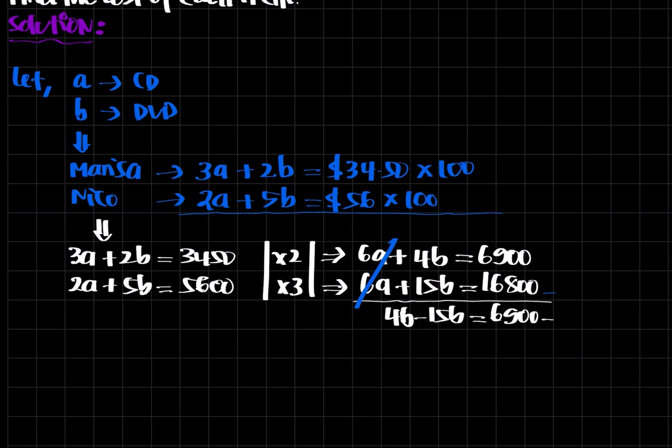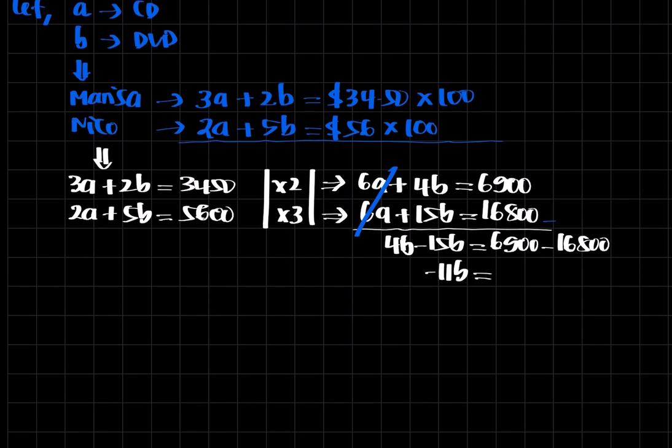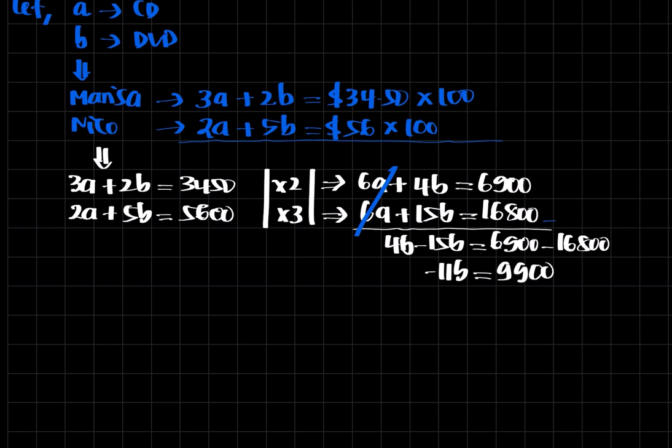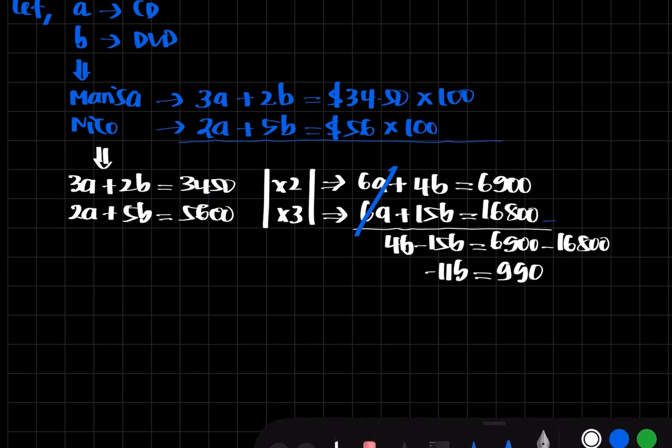So that's negative 11B equals negative 9,900.